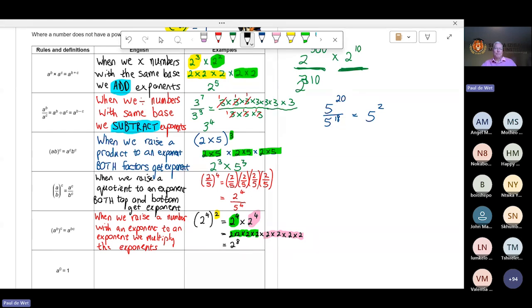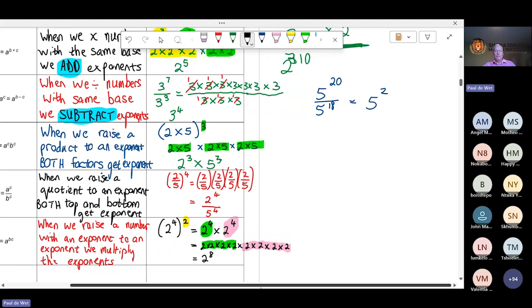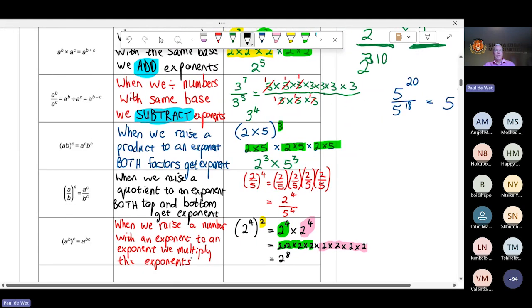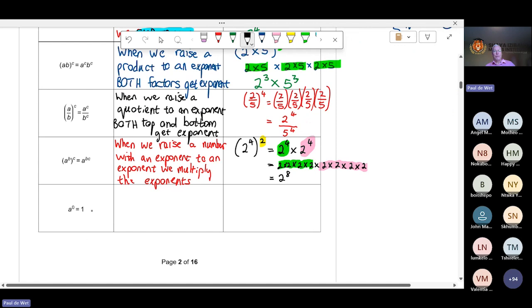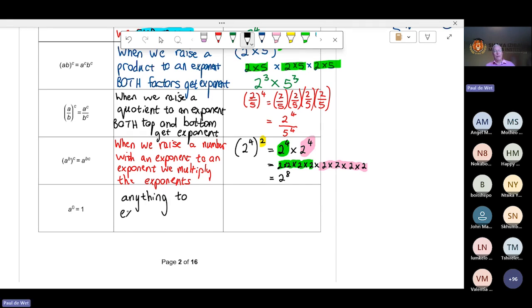Right. So the last one that we need to do here is this. What it says is that anything to the power of 0 is 1. Any number, anything to the exponent 0.